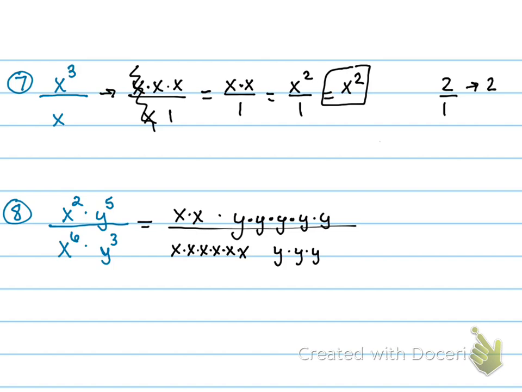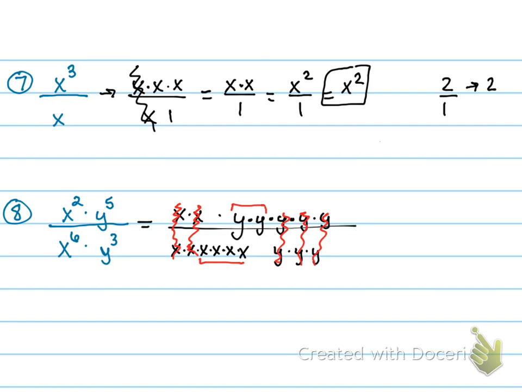Okay, and then I'm going to go through and ask, what can cancel each other out? I'm actually going to do that in the red pen. So one set of x's cancels, another set of x's cancels. That leaves me with no x's in the top, but some in the bottom. And then I think about my y's. One set of y's cancels, 2 sets of y's will cancel, and 3 sets of y's will cancel each other out.